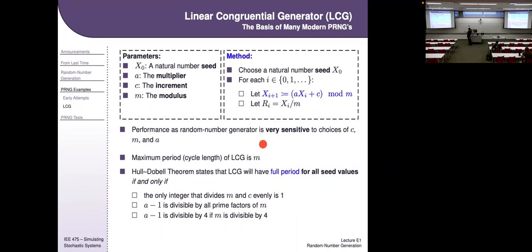The maximum period is the modulus, and you can get it if you choose your A, C, and M to have these properties: the only integer that divides both the modulus and C evenly is 1, A minus 1 is divisible by all prime factors of M, and A minus 1 is divisible by 4 if M is divisible by 4. If you have those three properties, then you're guaranteed that the LCG is going to have maximum period length.